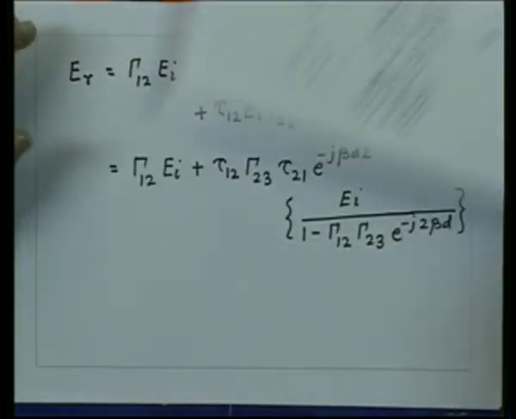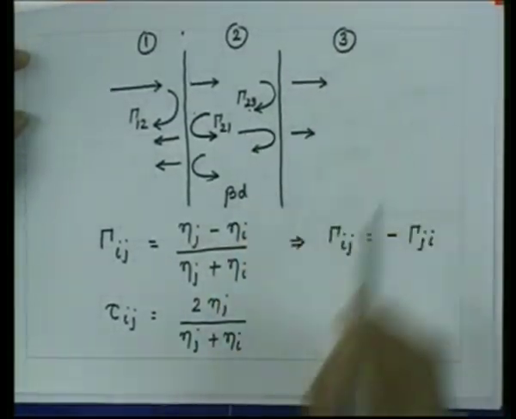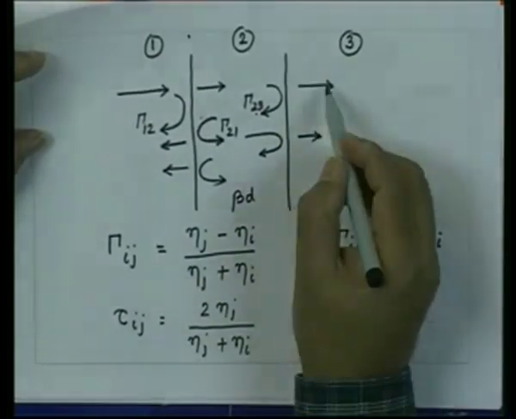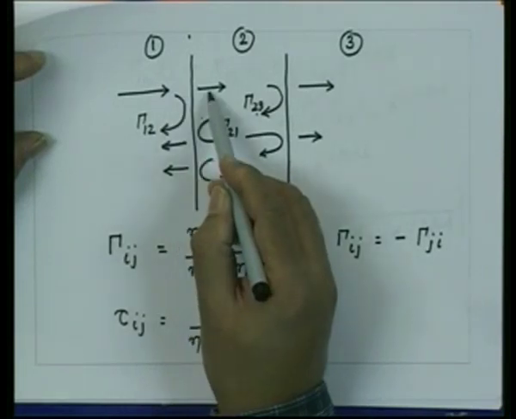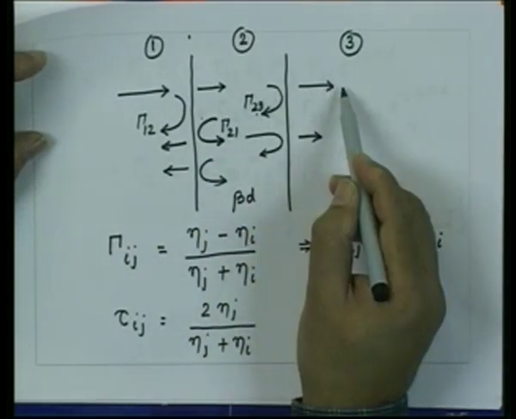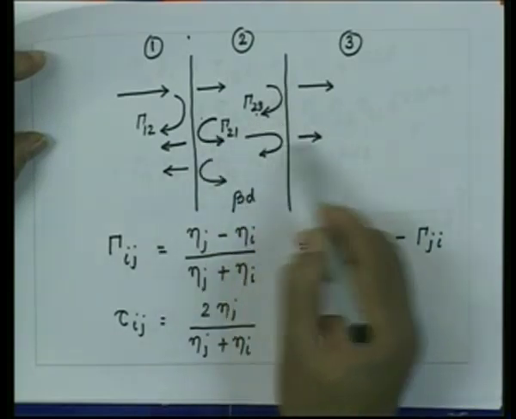So, precisely the same thing we can do for the transmitted wave also, which is going to this. This transmitted wave will be this transmitted plus this multiplied by this transmitted, then there will be 2 reflections and then this transmitted.